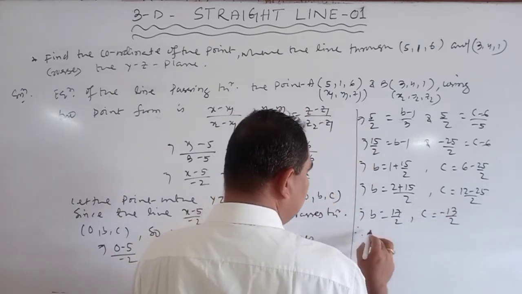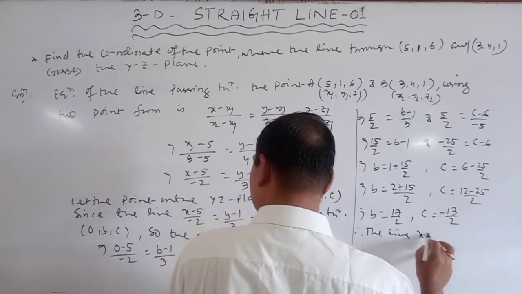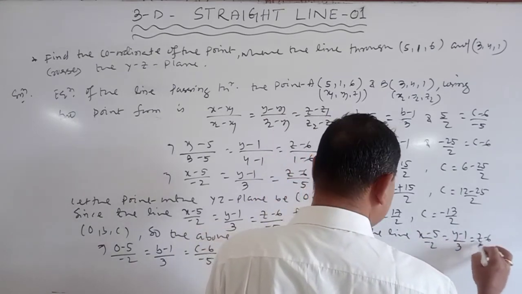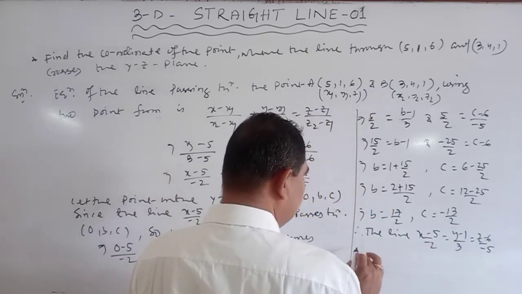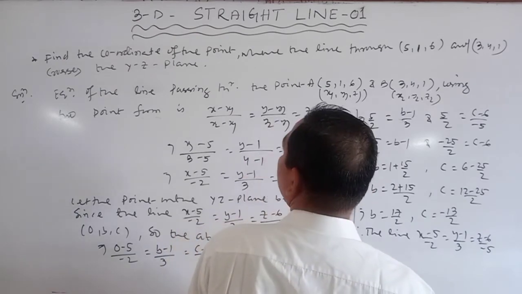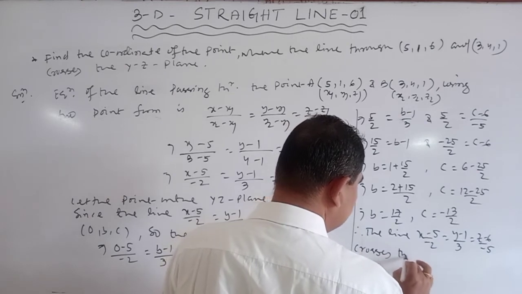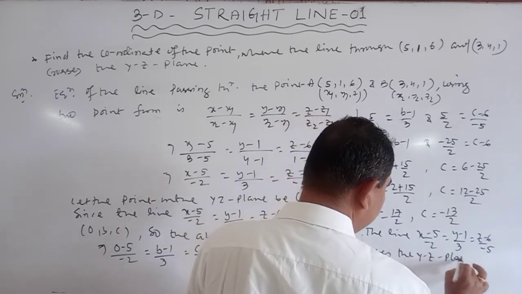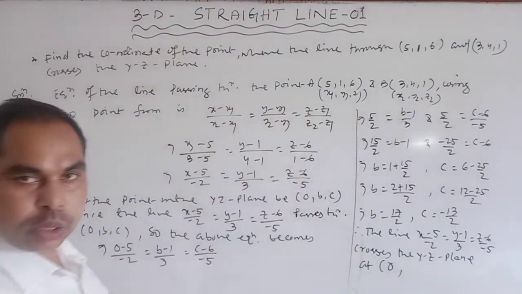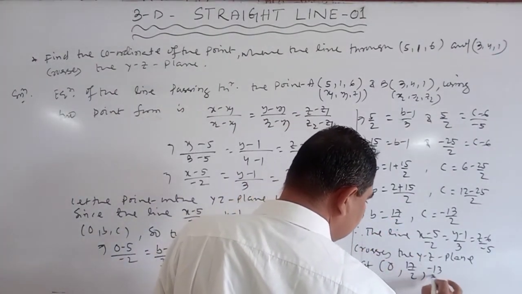Therefore the line x minus 5 by minus 2 is equal to y minus 1 by 3 is equal to z minus 6 by minus 5 crosses the yz plane at 0, b, c, so 0, 17 by 2, and minus 13 by 2.